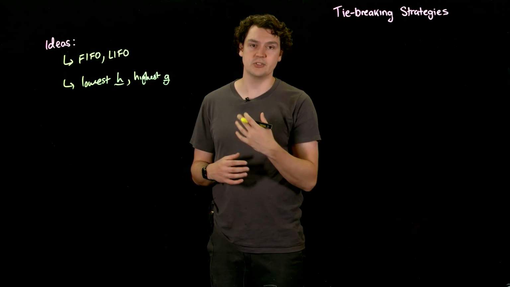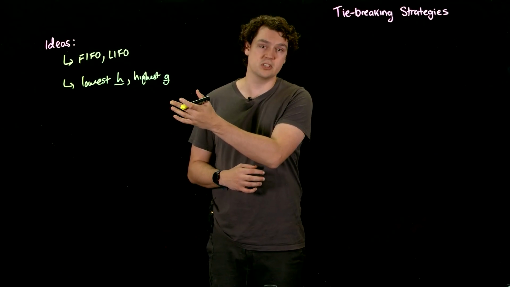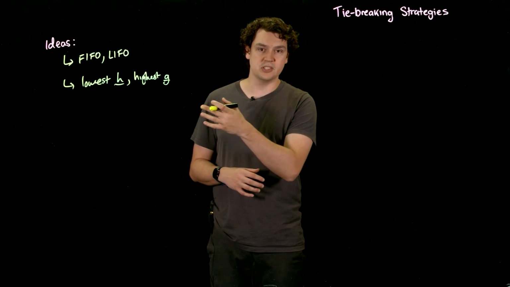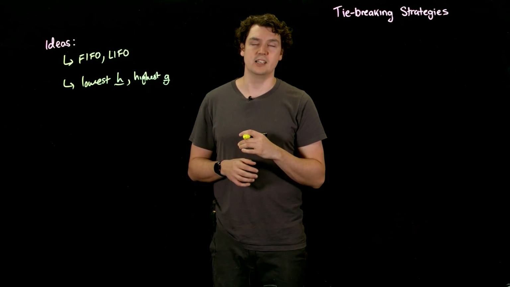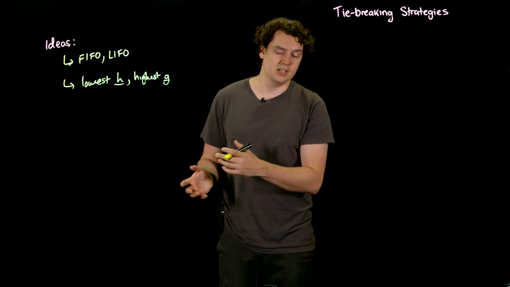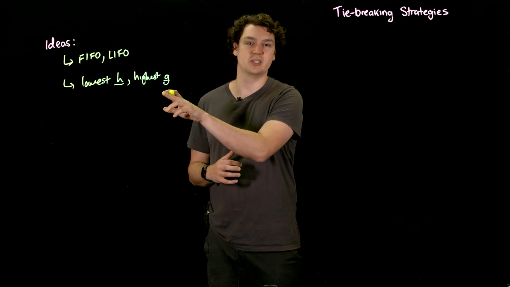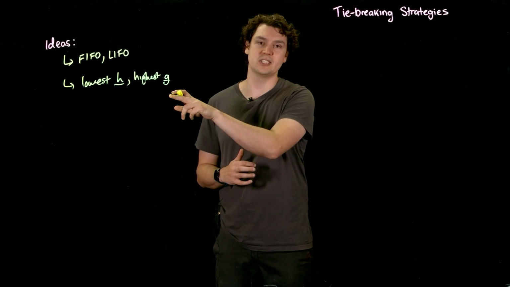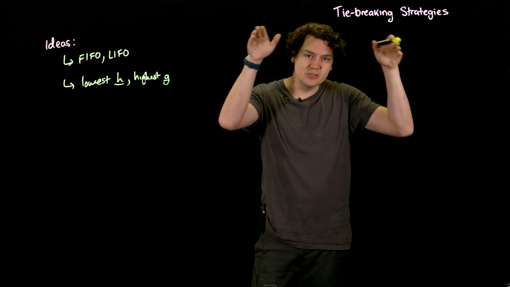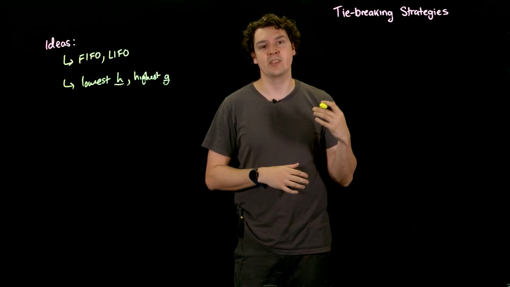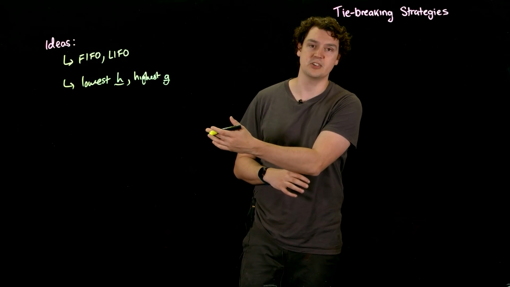Especially for pathfinding on grids and things like this, this is often just the tie-breaking strategy that's employed. Now what's interesting to note is that when we break ties, it's not just that you choose one strategy. Once you break some ties based on lowest heuristic, there's probably still going to be a large number of nodes on that frontier that share the same g cost and the same h cost.